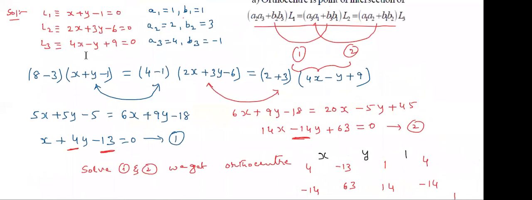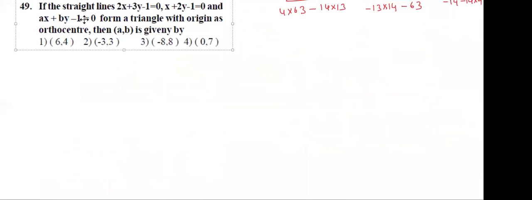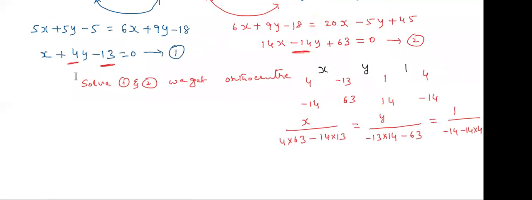Next, solve these two. What we get, students? I'm writing here x divided by 63 4s are, 4 3s are 12, 252, minus 14 into 13, 182.